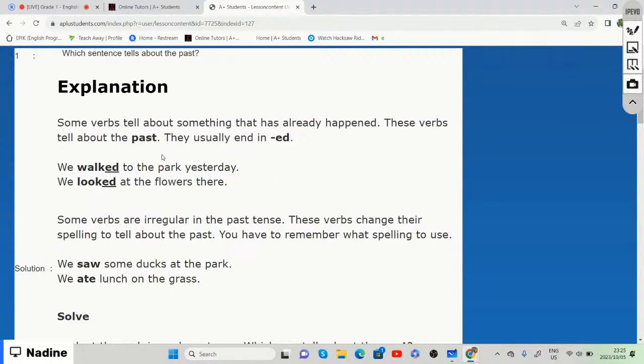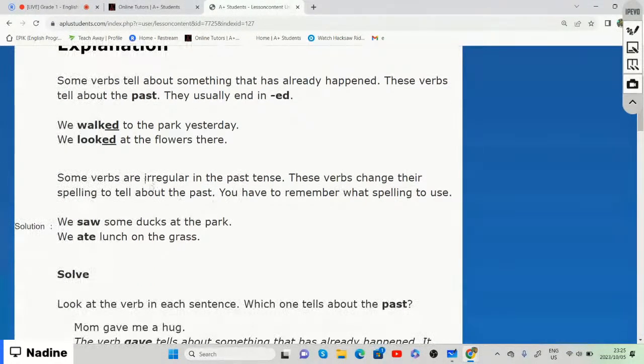And we said some verbs tell us about something that has happened already, right? And they usually end in ed. But when it comes to irregular past tense, some verbs are irregular in the past tense, right?